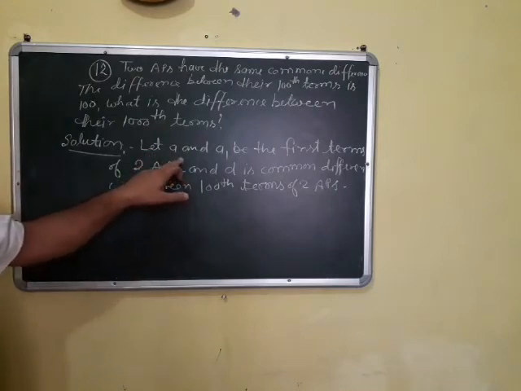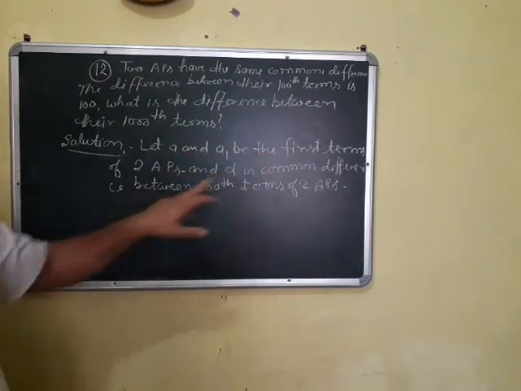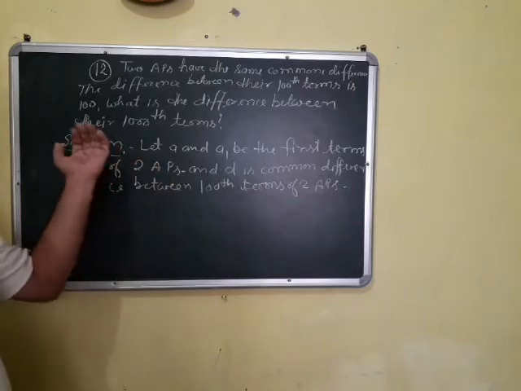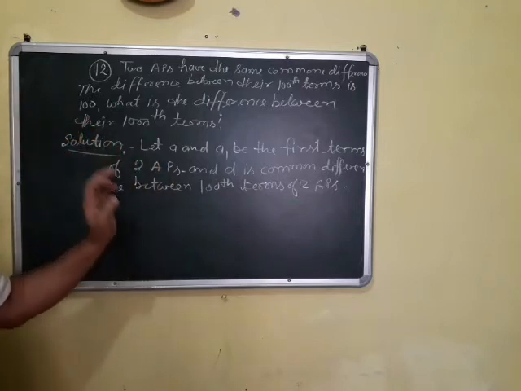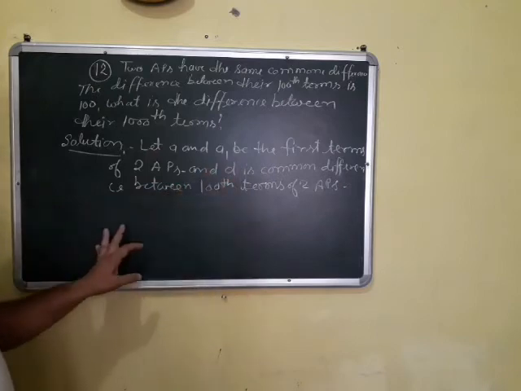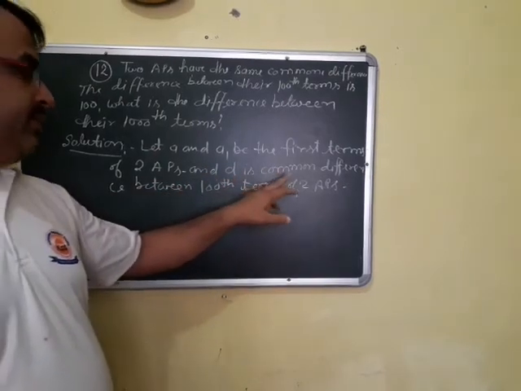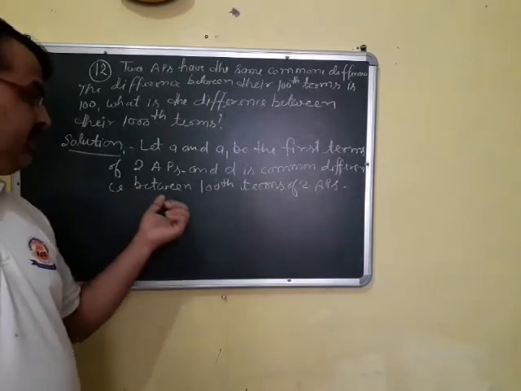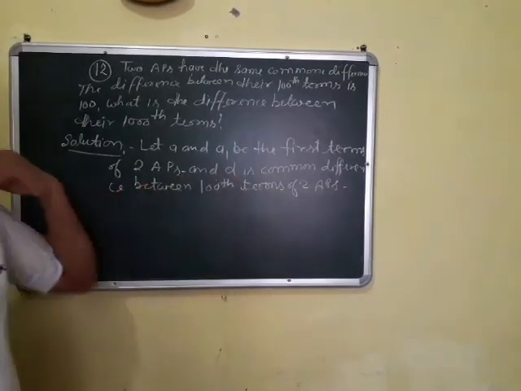Let a and a1 be the first terms of two APs. It says that the first terms of the two APs, one we took as a, and the other we took as a1. Clear? And d is the common difference between the 100th terms of two APs.